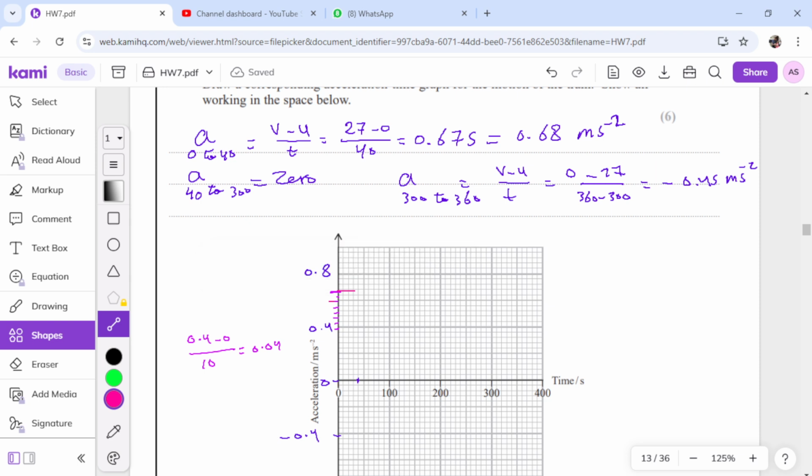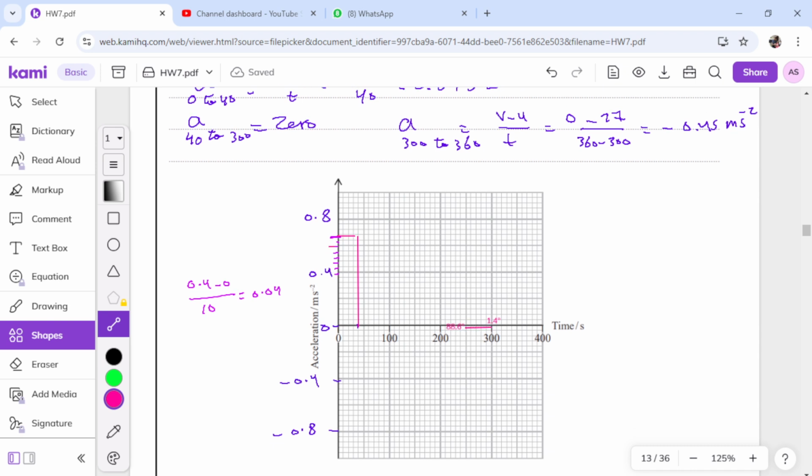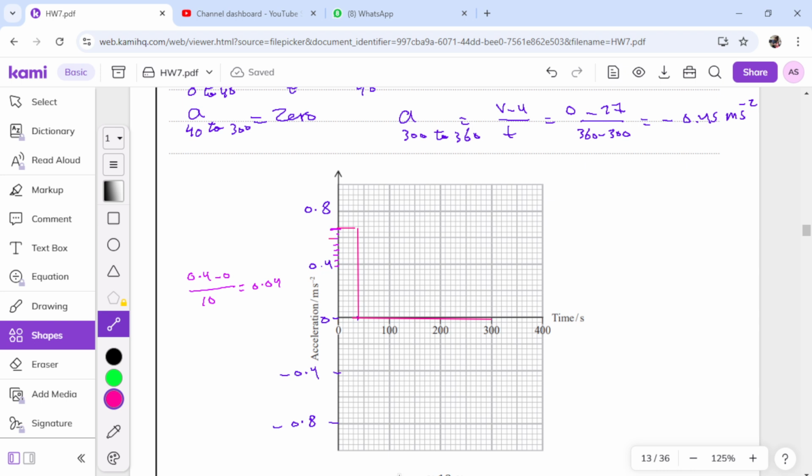Now let's move down. So this is the first acceleration. Then we have 0 acceleration until 300, so this is the 0 acceleration. Finally we have to draw 0.45, so 0.45 will be here, until 360.